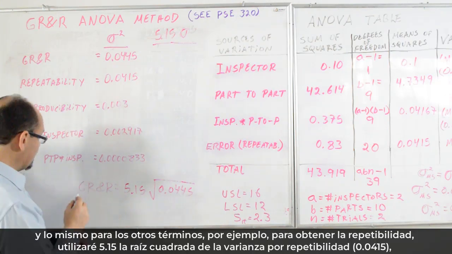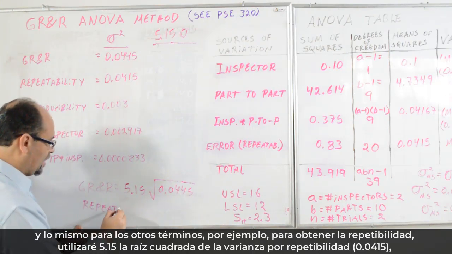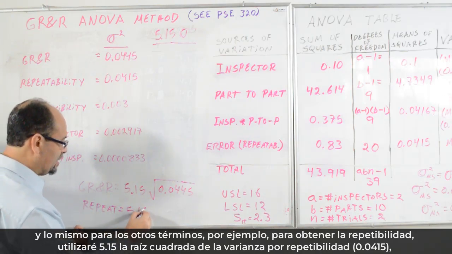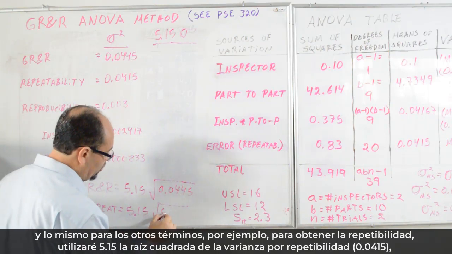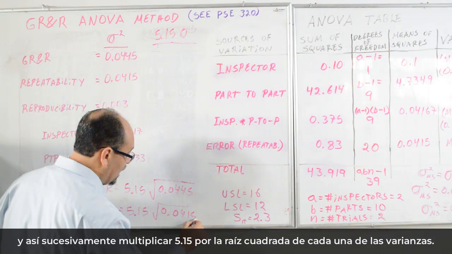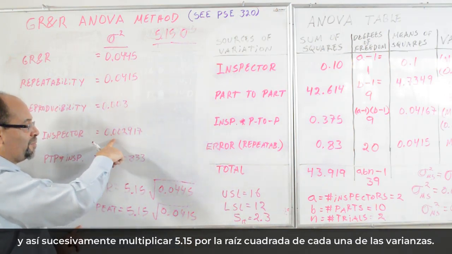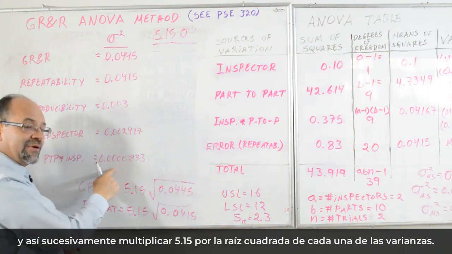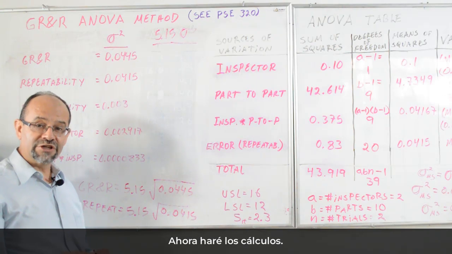For instance, to get the repeatability, I will use 5.15 times the square root of the variance, which is 0.0415. And so on. I will do 5.15 times the square root of each of these. Well, let me do the calculations.